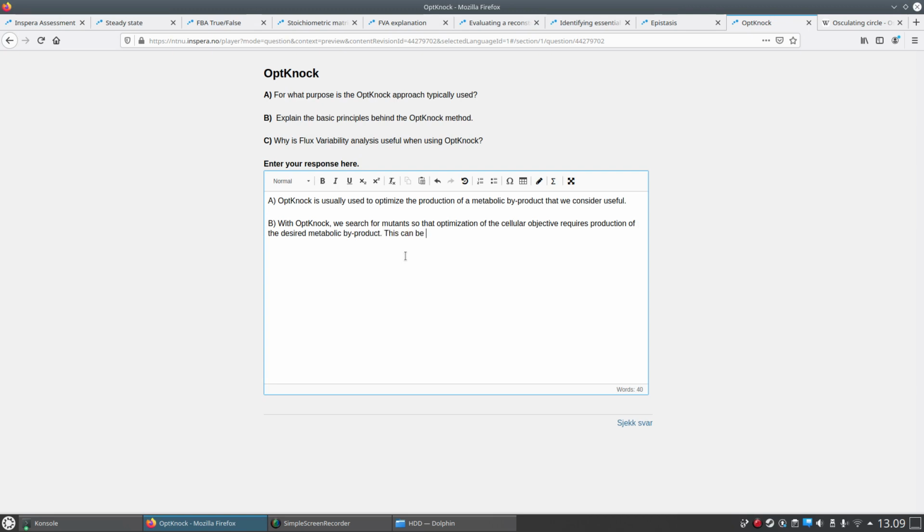This can be viewed as reshaping the solution space so that the engineering objective and the cellular objective point in the same direction.